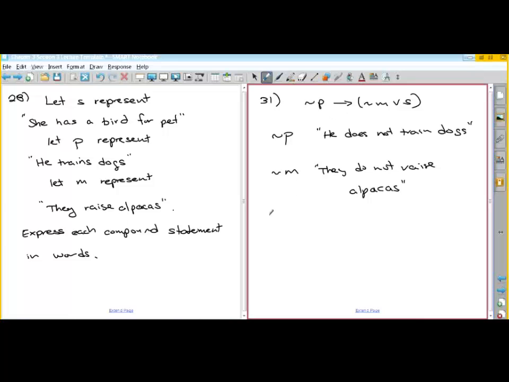Okay, so anyway, if we write this out, I've got to put an if statement in there because you've got the arrow.